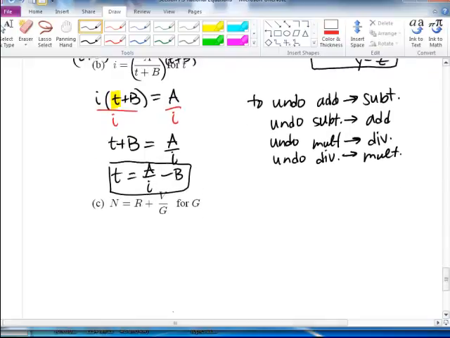If I'm solving for capital G, and I multiply everything by capital G first to clear out the fractions, since that's my LCD, I'll have G times N equals RG plus V. Then I want to get all G terms on one side.